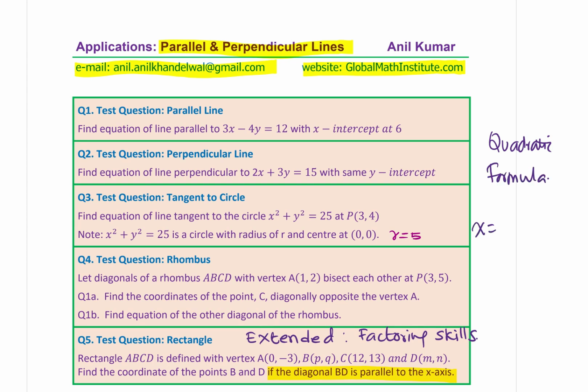For x, right? x is minus b plus or minus the square root of b squared minus 4ac over 2a, when the quadratic equation is y equals ax squared plus bx plus c. So you could use the quadratic formula and find the answer. I hope that really helps.